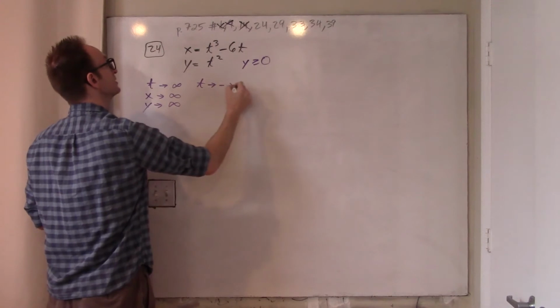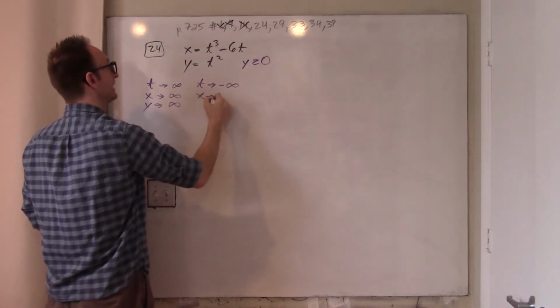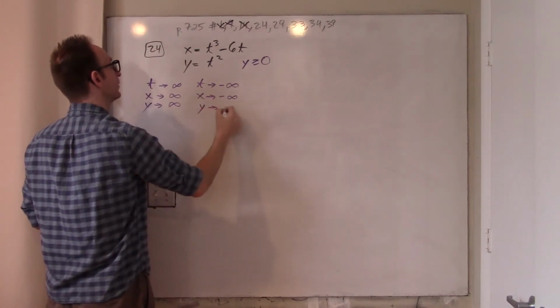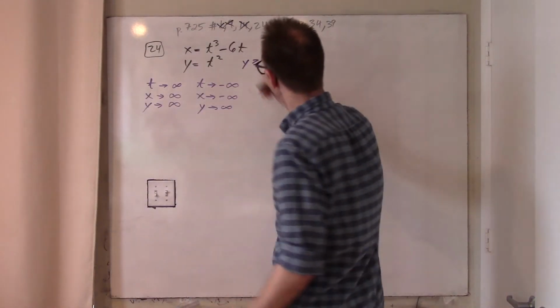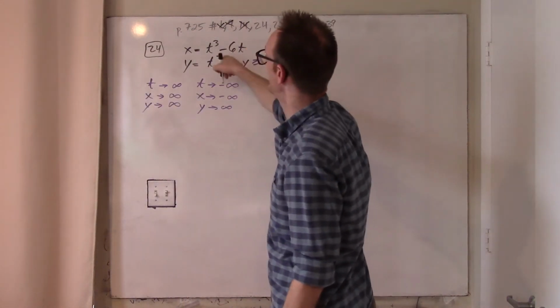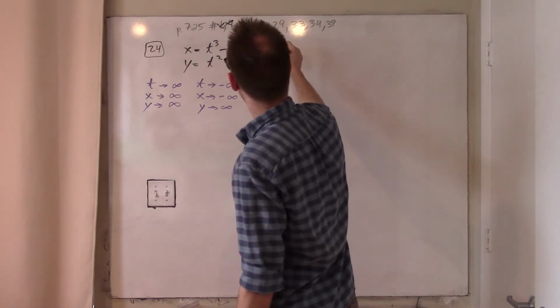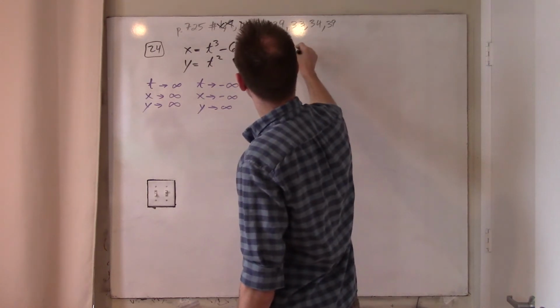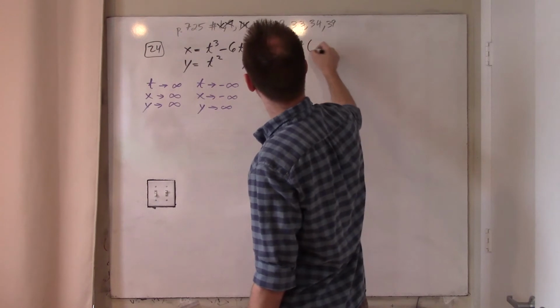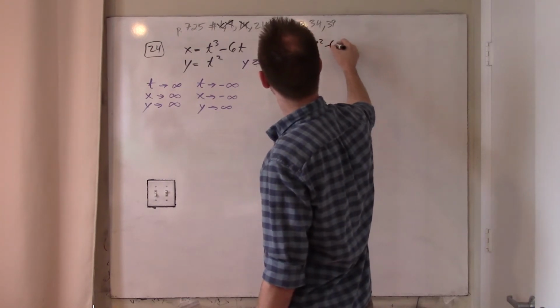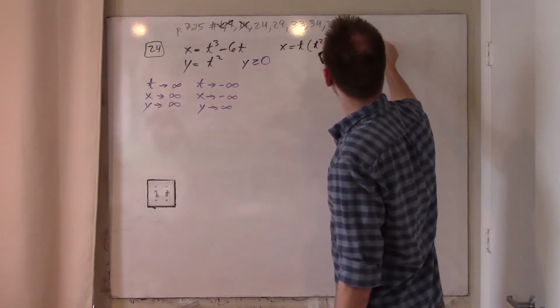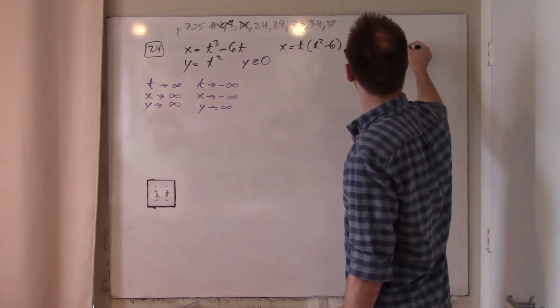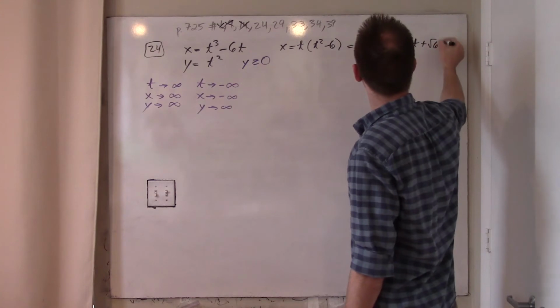As t goes to negative infinity, x goes to negative infinity, and y goes to infinity. And then I also can factor t cubed minus 6t and see that I can take out a t, leaving me with t squared minus 6, and I can factor that even more as t minus root 6 times t plus root 6.